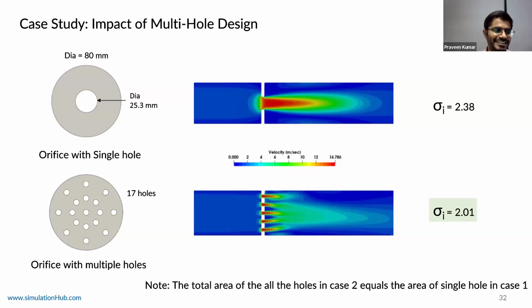No issues, Praveen. Just to take this analogy further, imagine there are two valves or two different designs of valves. They are at exactly the same upstream and downstream pressure, and you want to check which design is better.